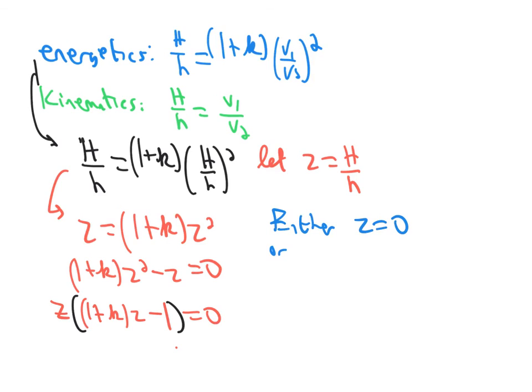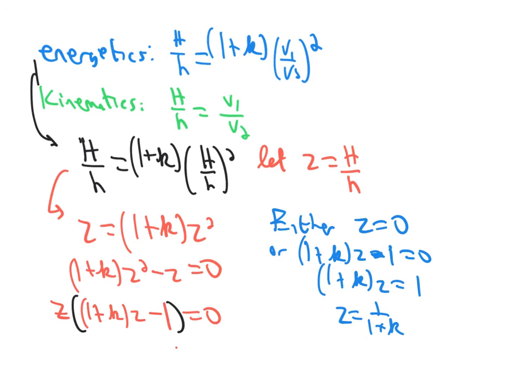Or (1 plus k) z minus 1 equals 0. So (1 plus k) z equals 1, or z equals 1 over (1 plus k), which ultimately goes back to saying that big H over little h is 1 over (1 plus k), which conveniently agrees with the answer from dynamics, so we're in good shape here.